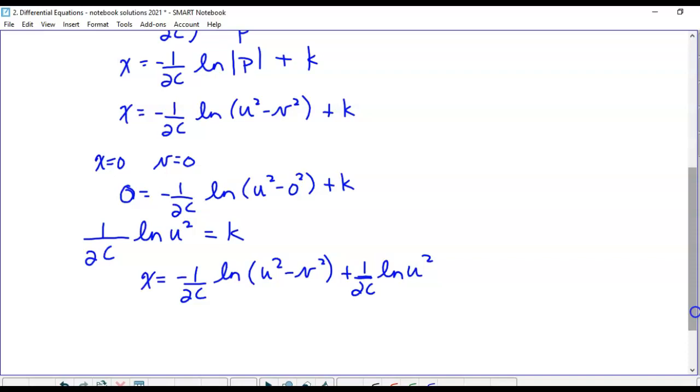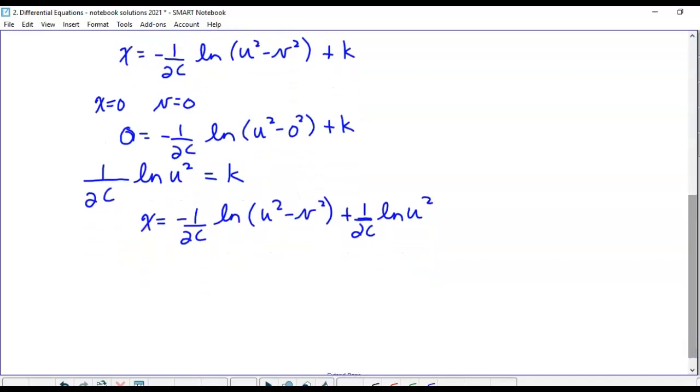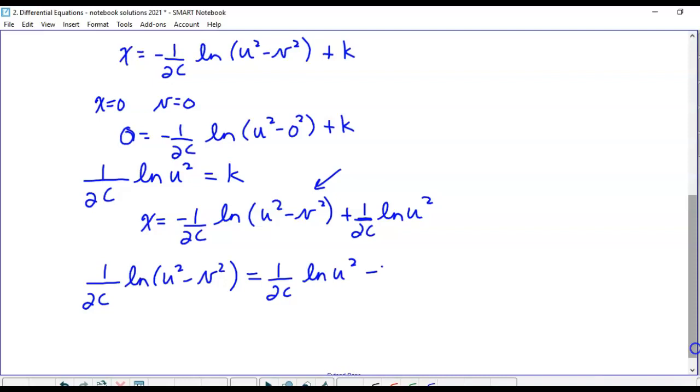And we want to solve for v in terms of x. So where's your v? It's here. All right. So I want to isolate that term. So that's positive. I'm going to bring it to the left. Sorry, that's negative. If I bring it to the left, it's positive. So then that would be 1 over 2c ln of u squared minus x. Okay.